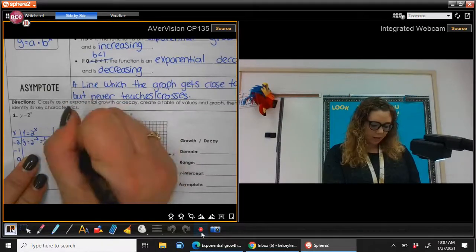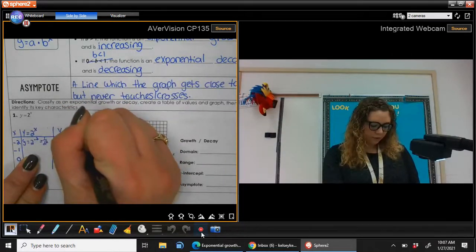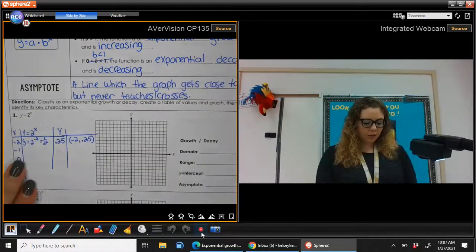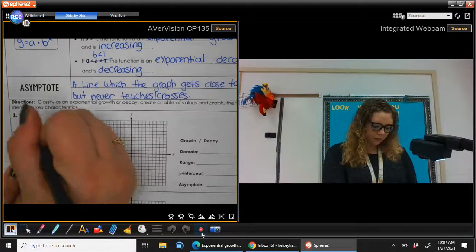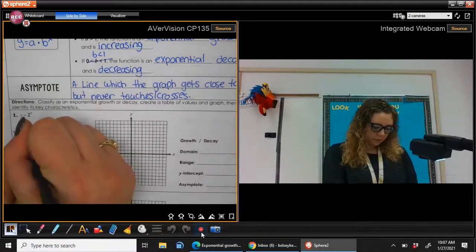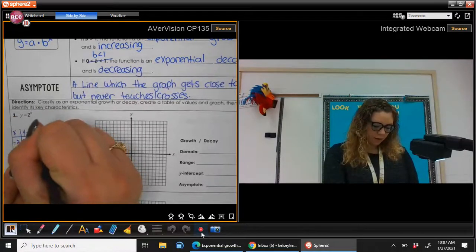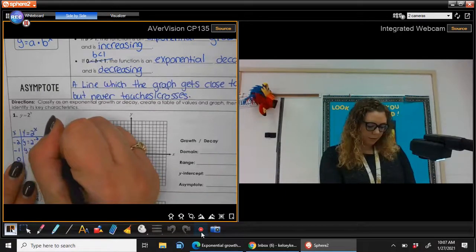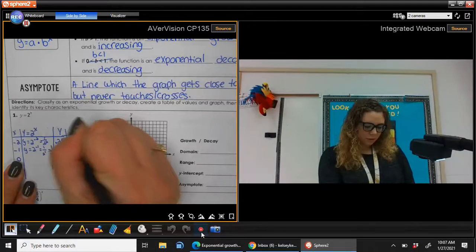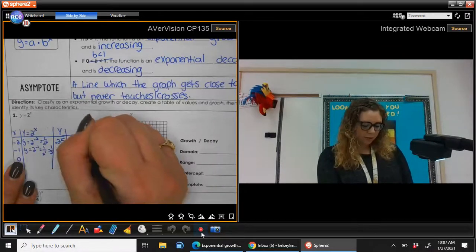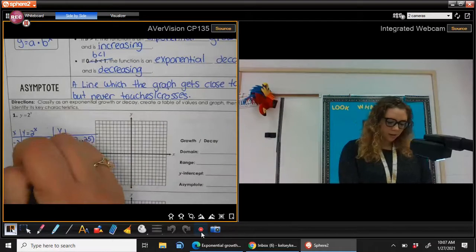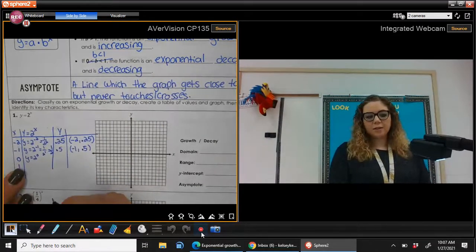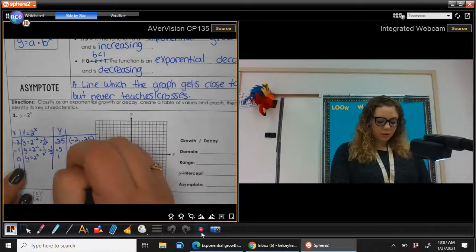So I'm going to have negative 2 and 0.25. Negative 1: plug in negative 1 for x. Again, bring it to the bottom, so I have 1/2, and that's going to be 0.5. So all we're doing right now is just plugging points in. For 0, y equals 2 to the 0. Anything raised to the 0 power is going to give me 1. So I have 0, 1.